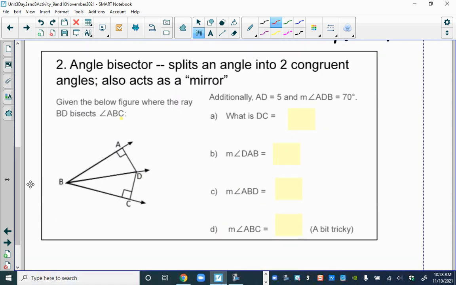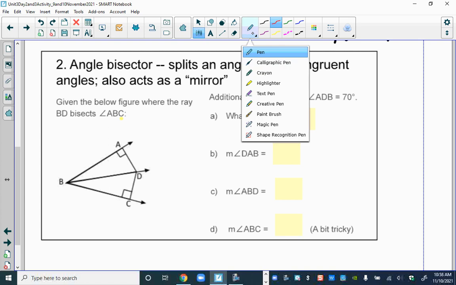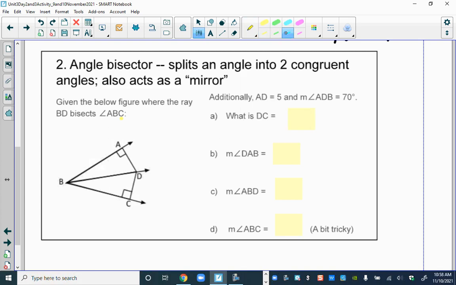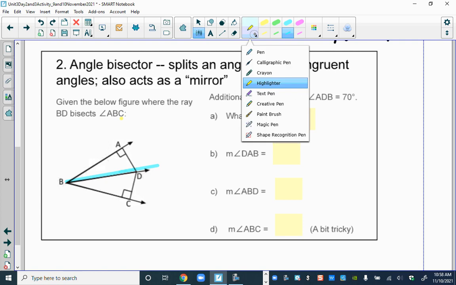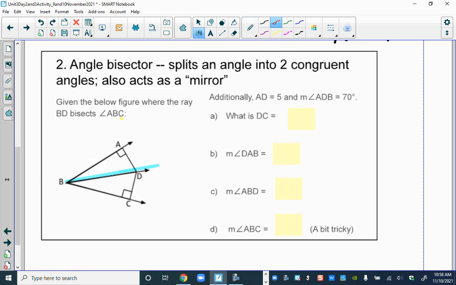Okay, number 2. Well, angle bisector, similar to perpendicular bisector. There's your mirror. They gave us some information. A to D was 5.